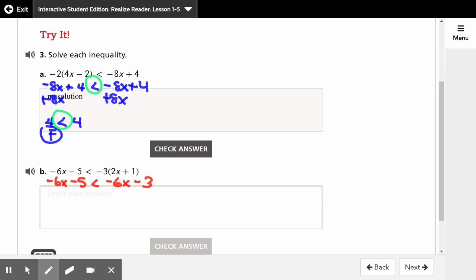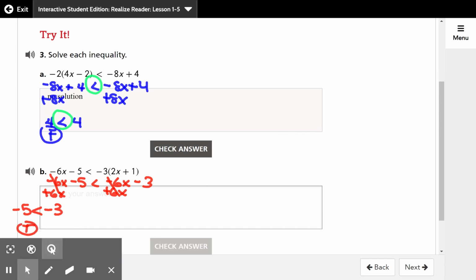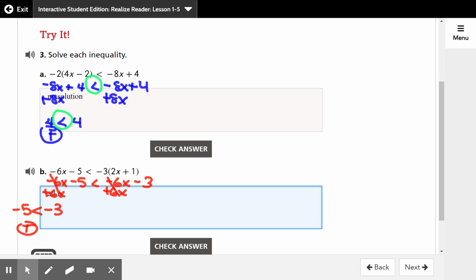You need to actually solve it. I need to see balanced. So then I have negative 5 is less than negative 3. And negative 5 is less than negative 3, because I have less money if I owe somebody $5 than if I owe them 3. So the answer will be all real numbers.